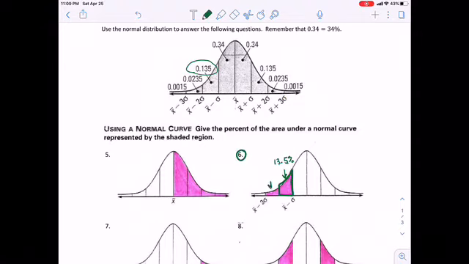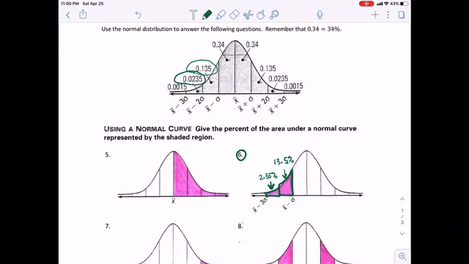I also have this section here highlighted, and in looking at my percentages, I can see that it's 0.0235, or in other words, 2.35% of my data falls into this little section right here.